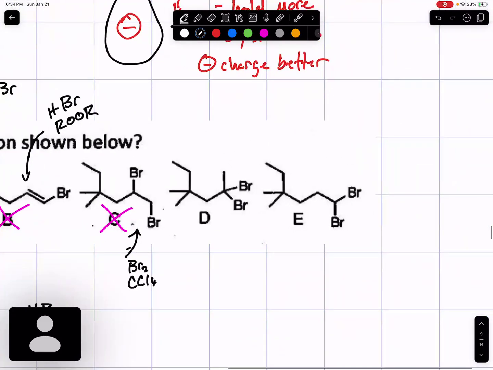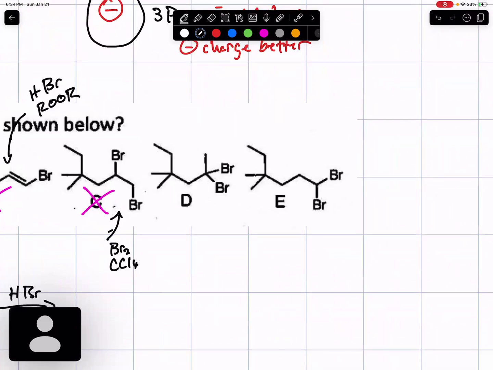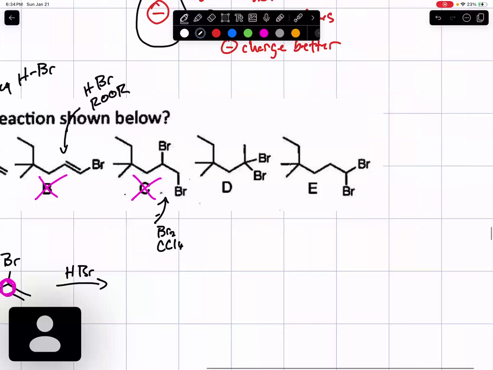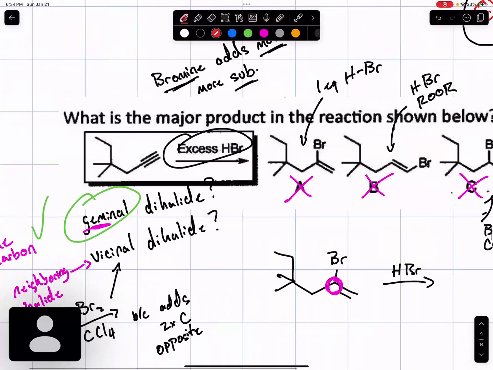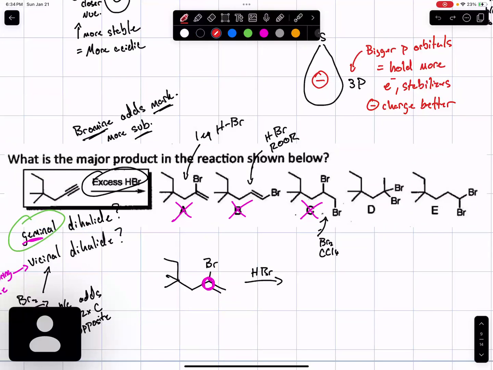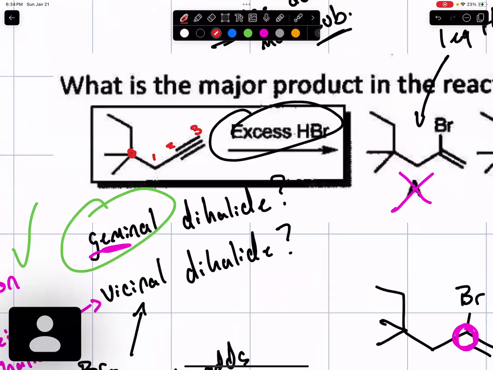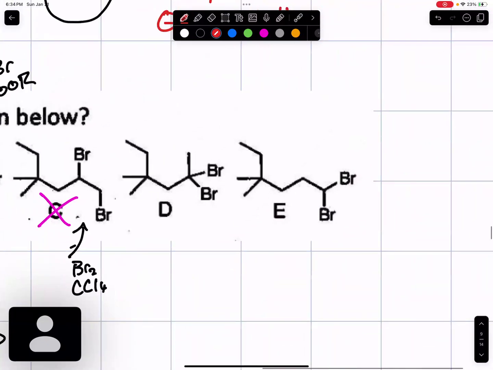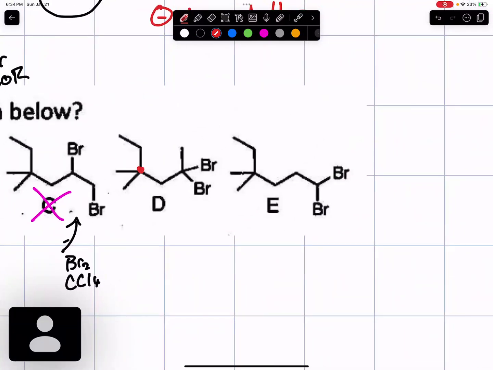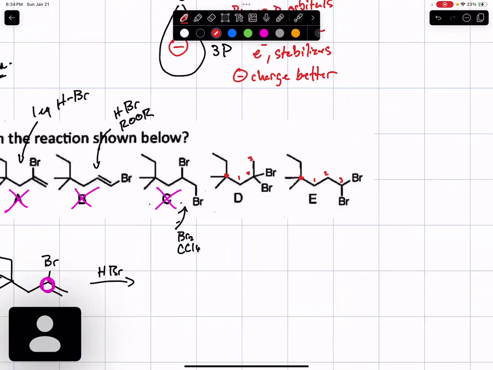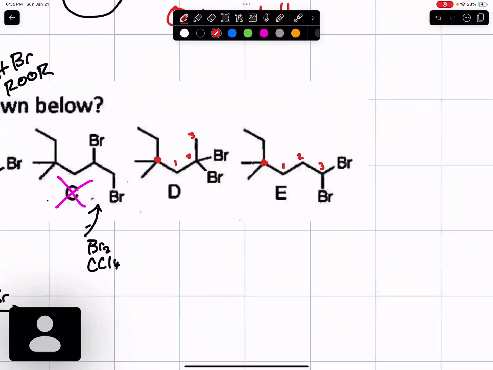Since it's HBr, this adds Markovnikov. We count our carbons. Easy way to do this is just count your carbons. If you were to count your carbons from this position, we would have 1, 2, 3. Now let's count our carbons. Do we have the same carbons? From this position, 1, 2, and 3 versus this position, 1, 2, and 3. It seems that we have the same carbons, and they both seem to be geminal.